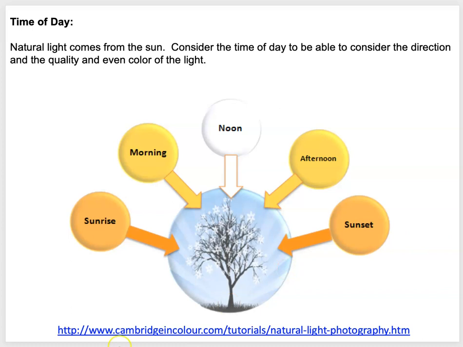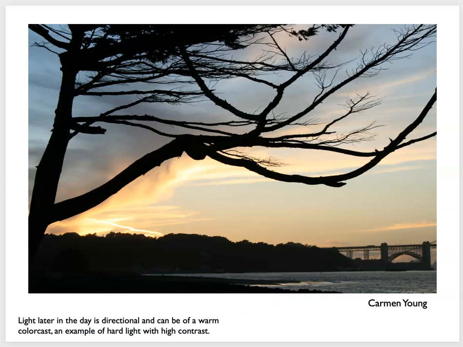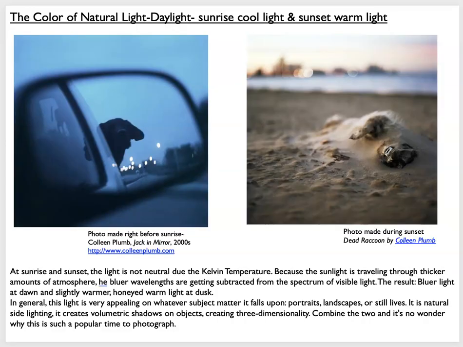And you can watch this tutorial or other tutorials to learn more about how you can manipulate and work with daylight. So later in the afternoon, the light is directional and oftentimes warm. Depending upon where you are on the planet and what time of year it is, you can have really cool light in the morning and really warm light in the afternoon.